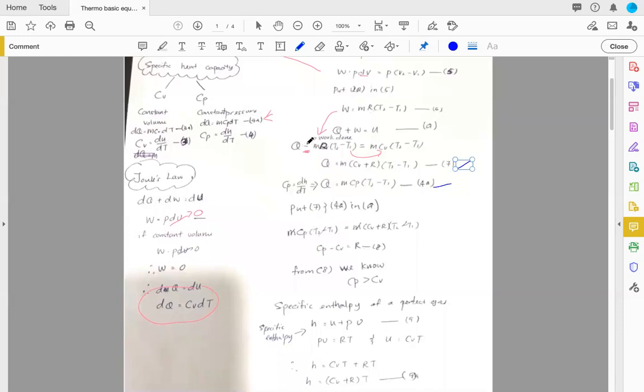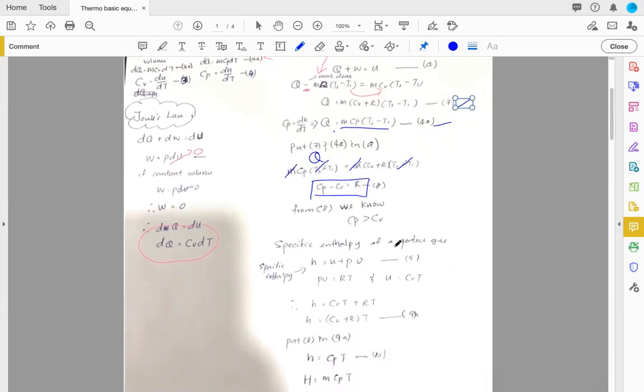We plug everything here and simplify it. We have T2 minus T1 on both sides, so we cut it, and we have the same mass, so we cut it. Then Cp minus Cv equals R.